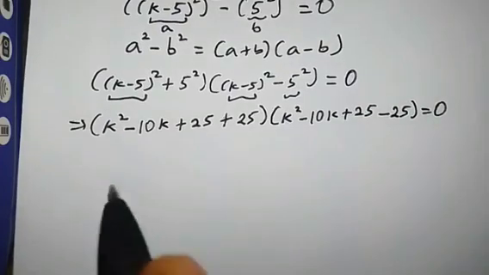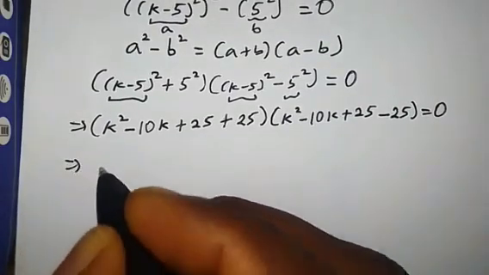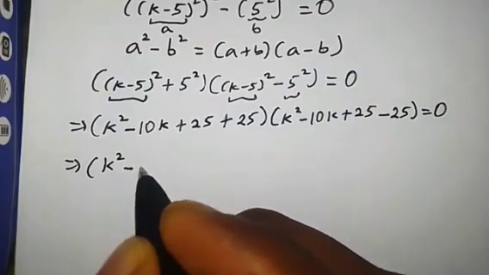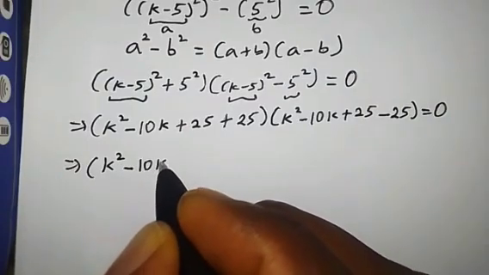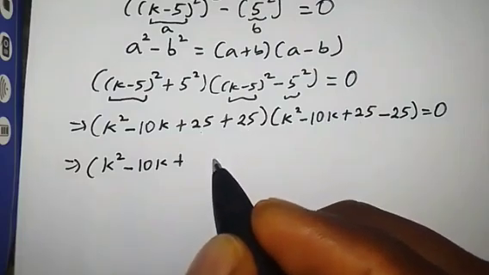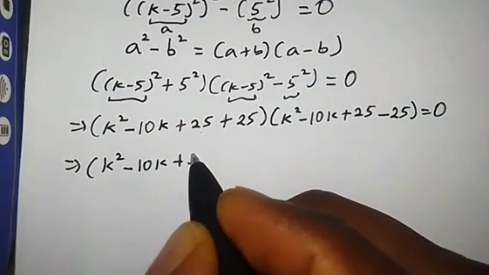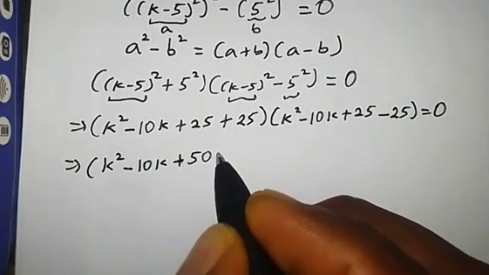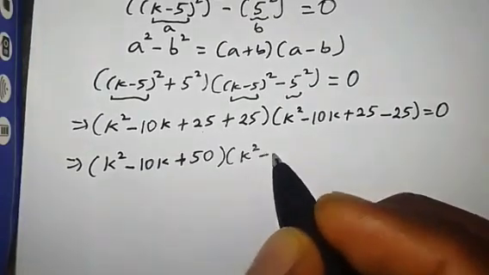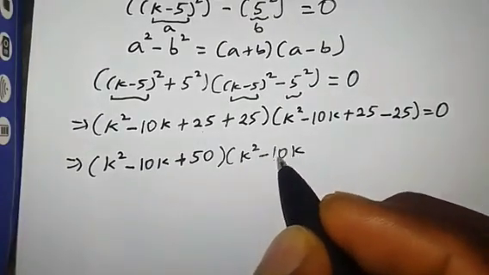Let's continue. This means that k squared minus 10k plus 25 plus 25, that is 50, times k squared minus 10k.